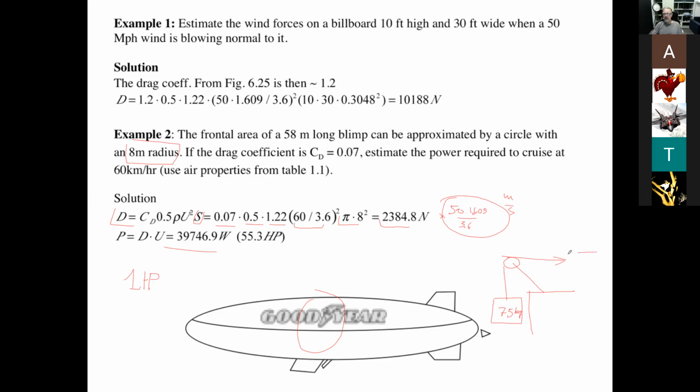Okay, and then you have the horse here. The work done. Here the horse is pulling, okay? So he's pulling up 75 kilograms to a height of 1 meter in 1 second, okay?